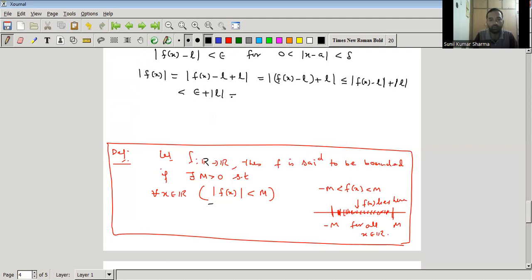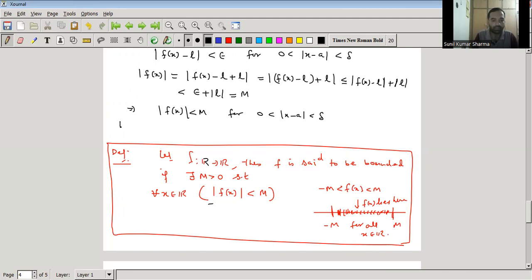So let it be equal to some number M. So this implies mod of f(x) is less than M for any x that lies between a minus delta to a plus delta. Right? So it means in the deleted neighborhood, the function is bounded.